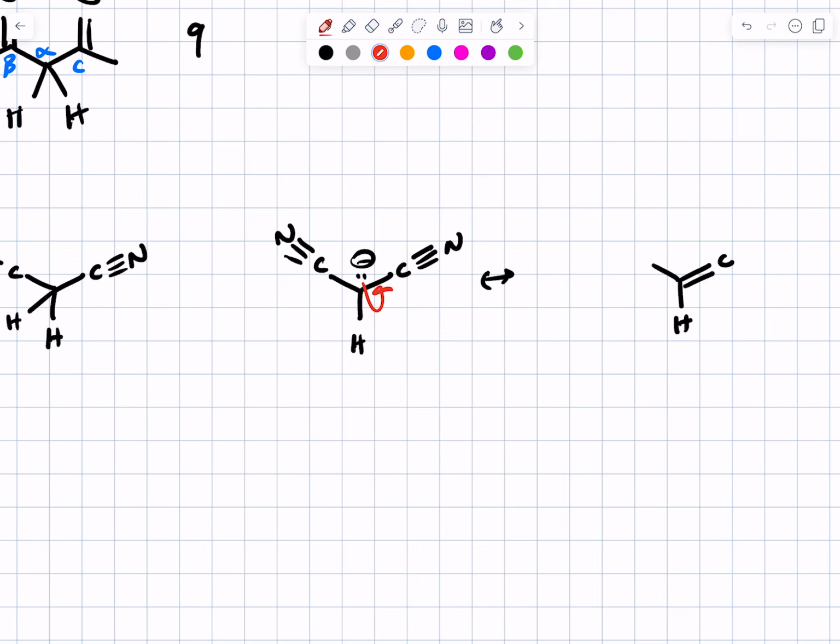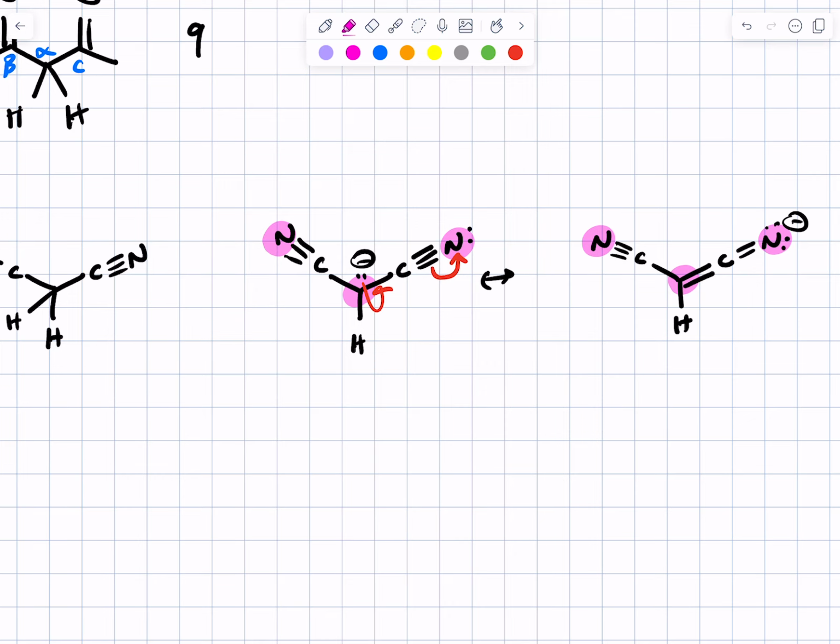And then you've got to move one of the pi bonds of the nitrile carbon out onto the nitrogen. This would be one of those two resonance structures. And you should be able to draw another that would help you conclude that in the conjugate base of this dicyano compound, the negative charge is on the alpha carbon and the two nitrogens.